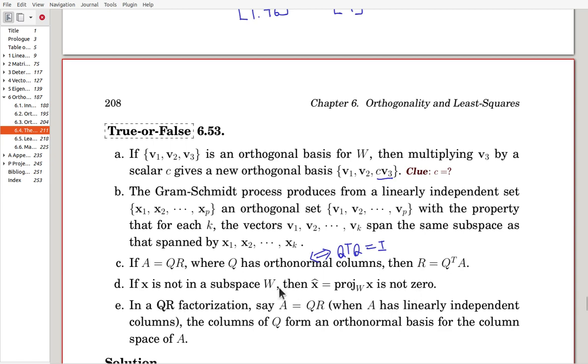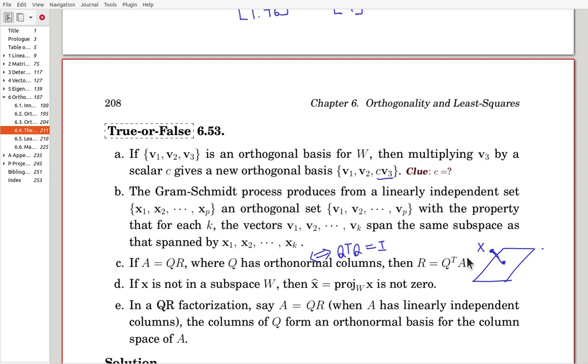However, for example, in R3, here we have a plane, the subspace W, and this is the origin. From the normal direction, there is a vector. We use the same notation x; when that's projected, it becomes 0. So even though it's outside the subspace, the projection can be 0, which means that this statement is wrong.